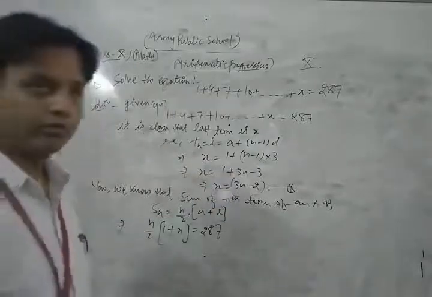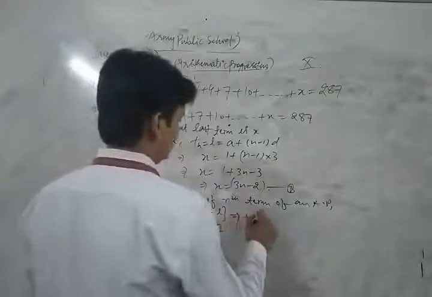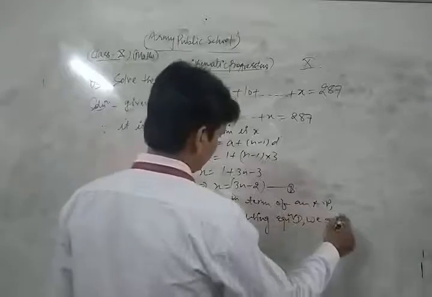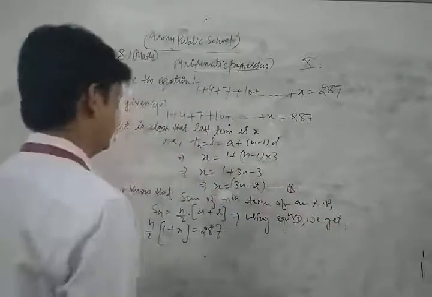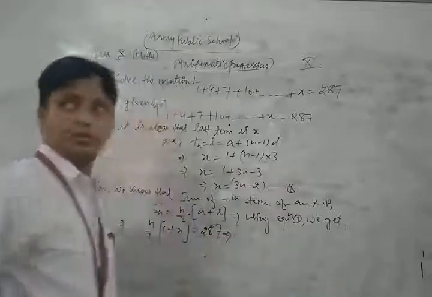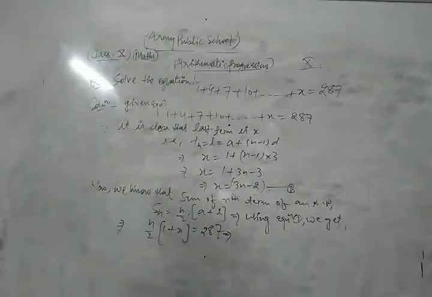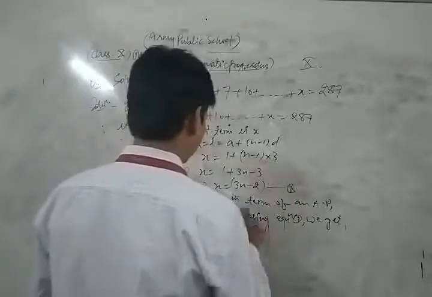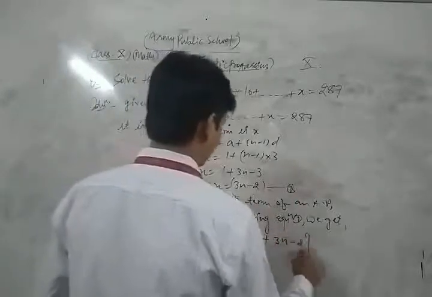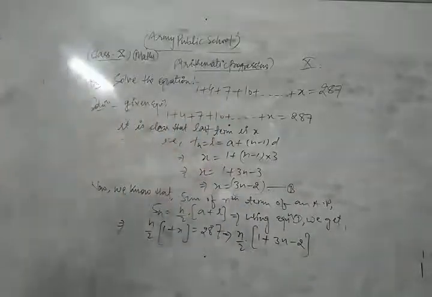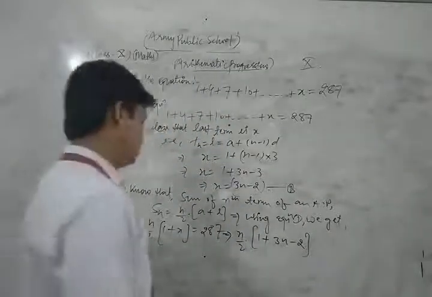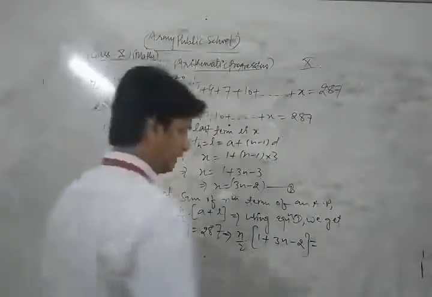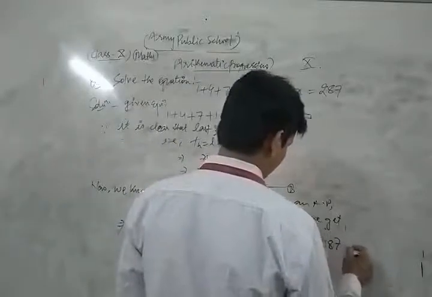Now we put the value of x using equation 1. We get n by 2 times 1 plus x, where x is 3n minus 2, is equal to 287.